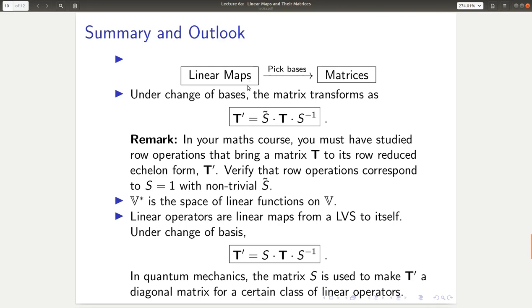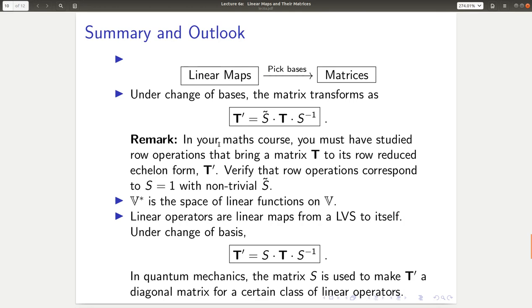And d by dx, which is a derivative, is also a linear map. But the whole idea is that once you pick a basis, linear maps become matrices, and now we are home, we can do standard matrix manipulations. Then we worked out how the matrix transforms under change of basis, and this is what you get.